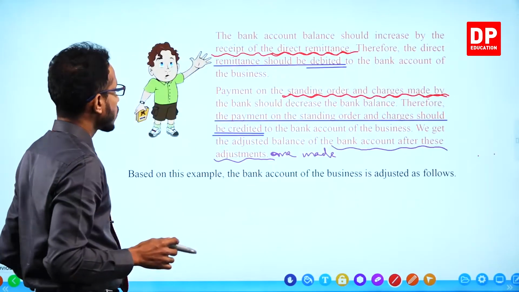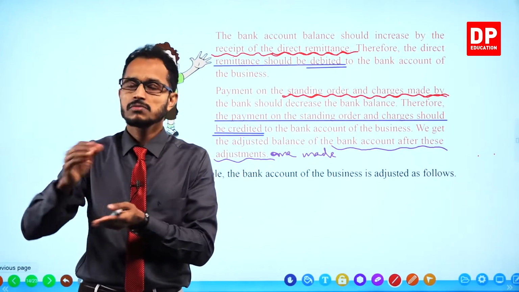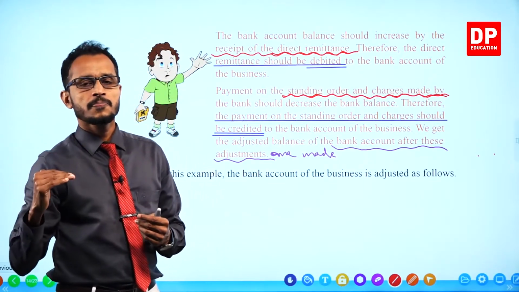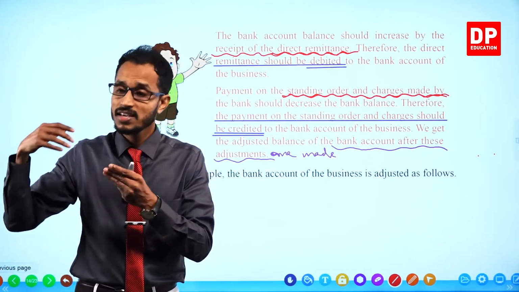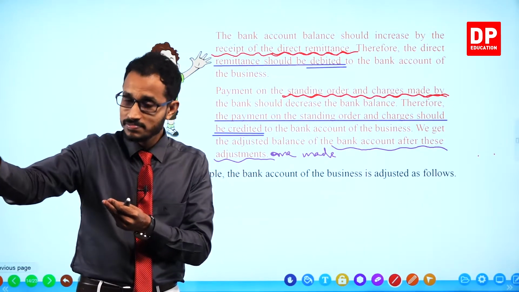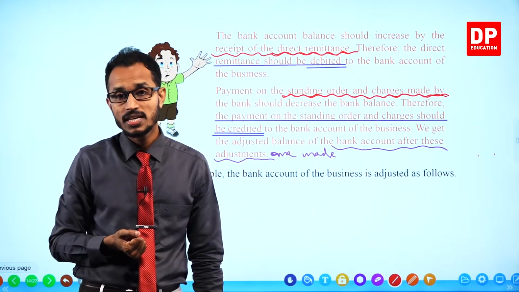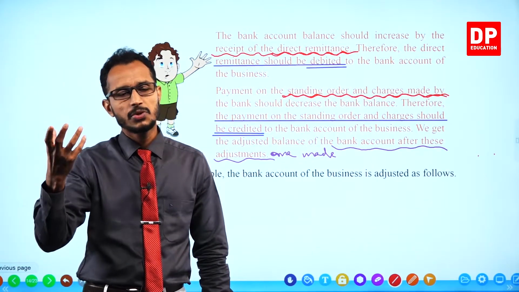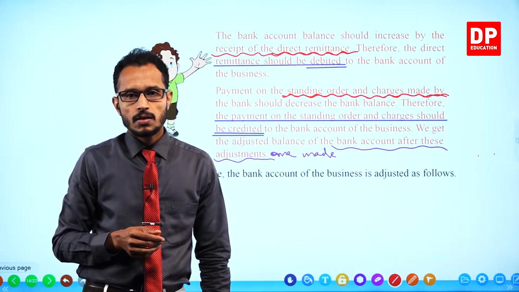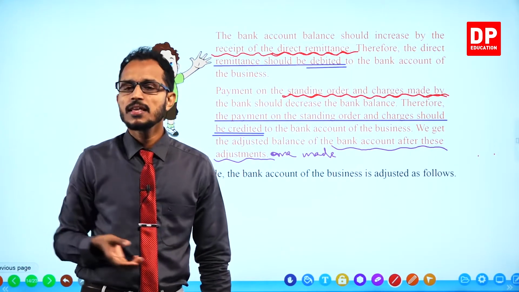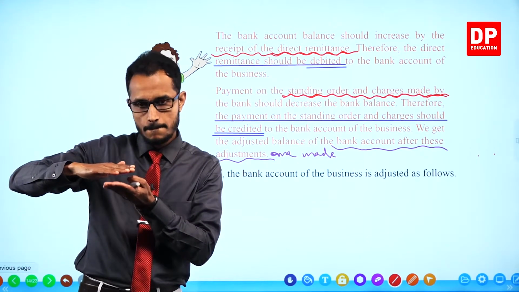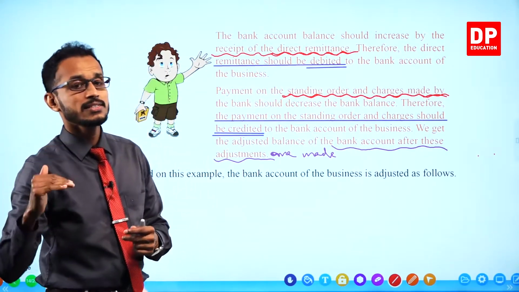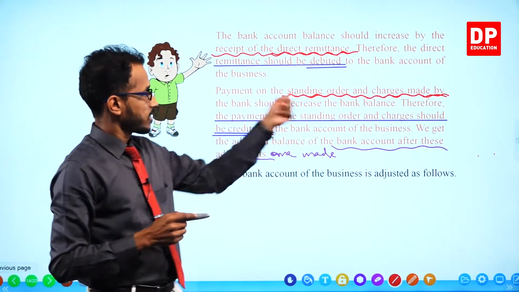Why? Because when payments are made from our bank account through standing orders, the bank balance decreases. And every month the bank is taking from the balance of our bank account their charges. Checkbook charges, stamp duty, and fees for other services that they provide us. They take our money from the bank balance directly. So that also decreases our bank balance. That is why they are credited. See?